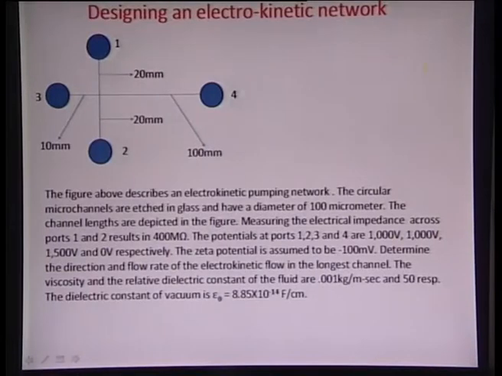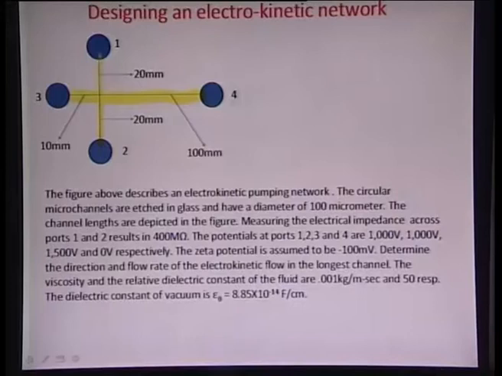So here in this figure, as you see, there is a crisscross architecture of microchannels, and there are 4 reservoirs marked 1, 2, 3 and 4, and length dimensions of these individual channels are given.